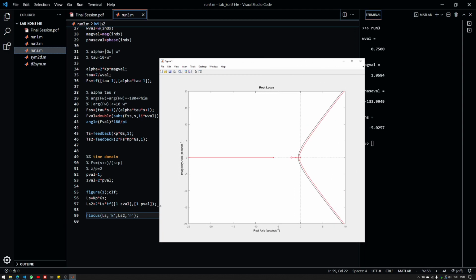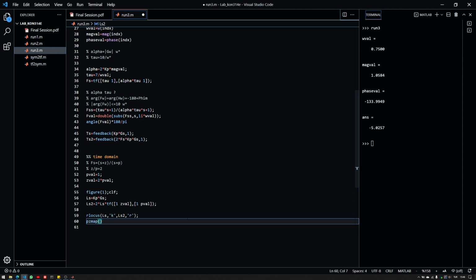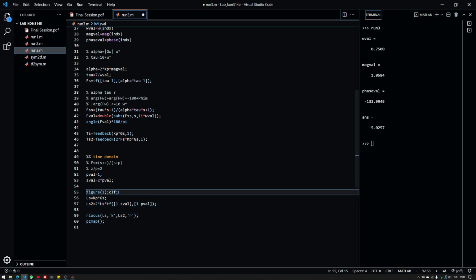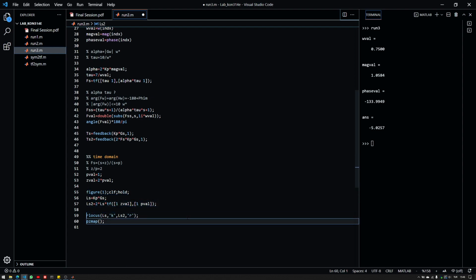In order to see what pole-zero pair we added to the root locus, let's provide hold on, but not use pzmap.